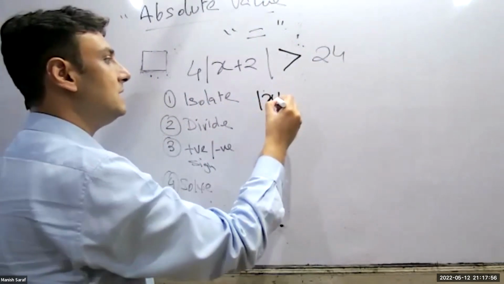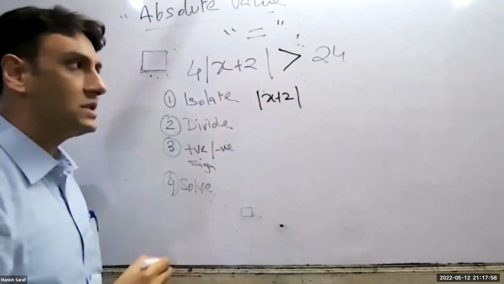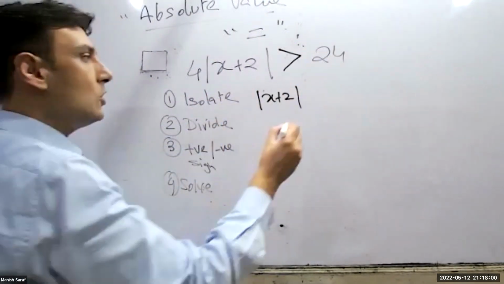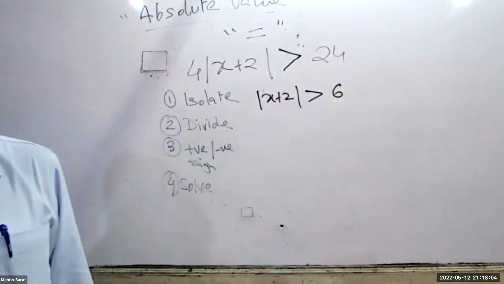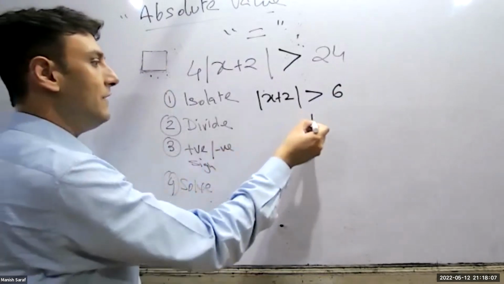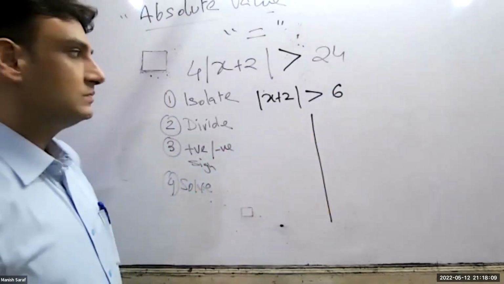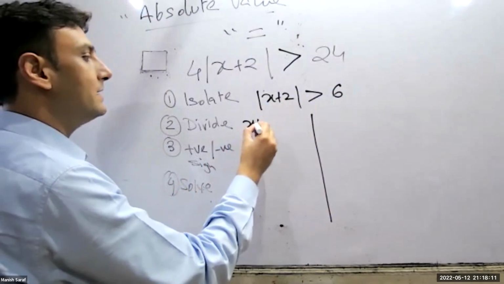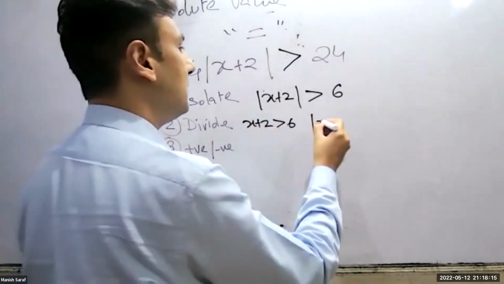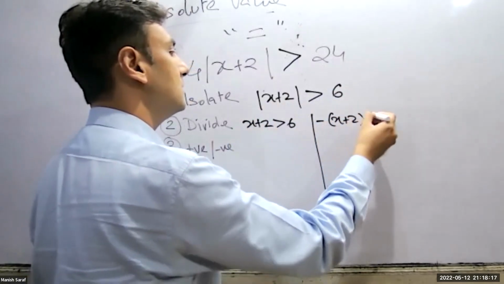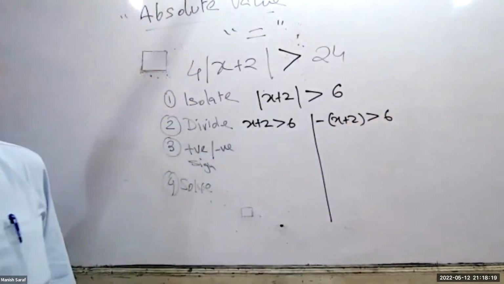We studied in inequality that if you are dividing by the same positive quantity, the sense of inequality will not change. Divide by 4, divide by 4. Isolate, divide the space. Inside part positive: x plus 2 greater than 6. Inside part negative: minus of x plus 2 greater than 6. Solve each part.